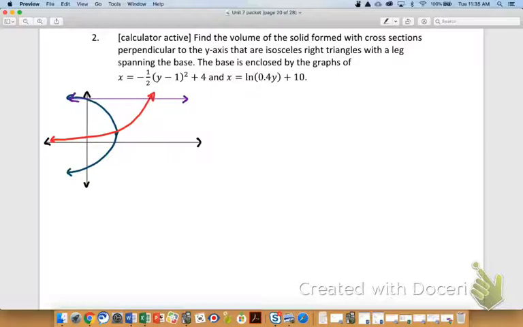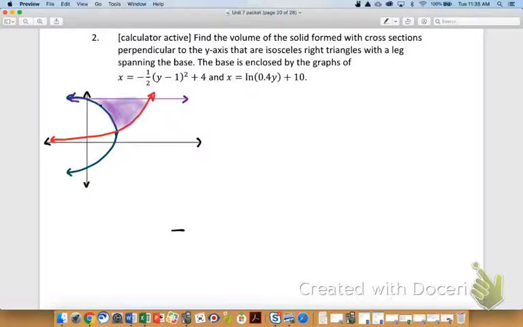Fair enough? Okay. And again, I wanted to get the perpendicular to the y-axis. So if this was our region right here, and we are going to have these isosceles right triangles with legs spanning the base that are perpendicular to the y-axis. Let's think about what that would look like. I'm going to try to give it a little perspective.